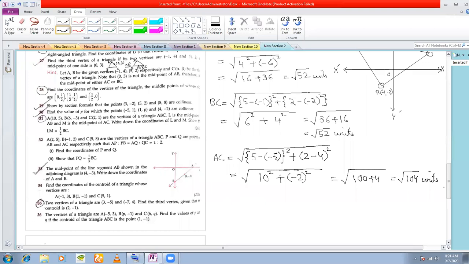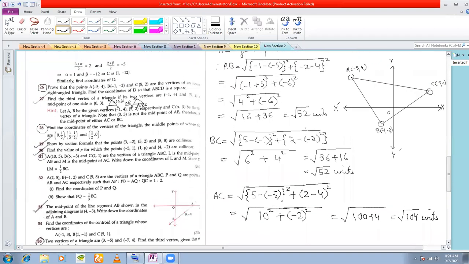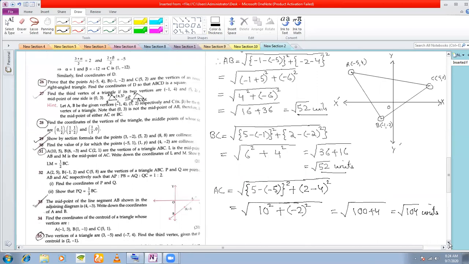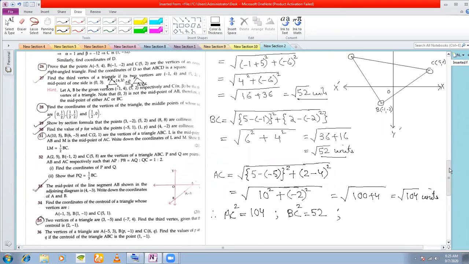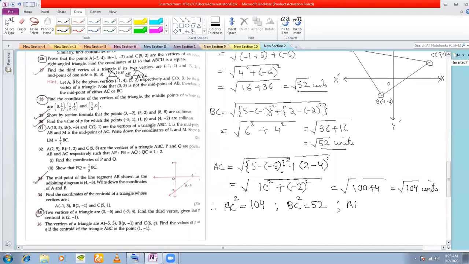So what do you see? Two sides are equal, AB and BC, both are root 52 units. Also, if you square, therefore what is AC square? If AC is root 104, therefore AC square must be 104. What is BC square? BC is root 52, so BC square must be 52. And AB also is root 52, so AB square is 52.